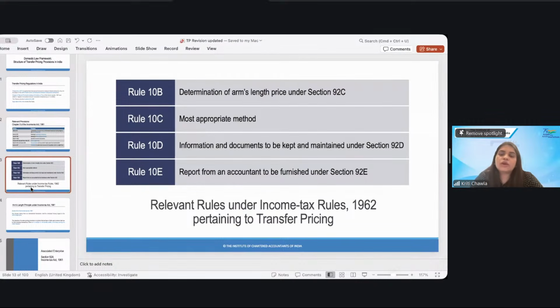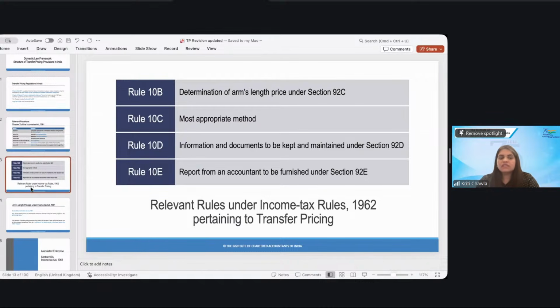Rule 10C talks about the most appropriate method, the transfer pricing method. Rule 10D is information and documents to be kept and maintained under Section 92D. And Rule 10E talks about report from an accountant to be furnished under Section 92E. So these are the rules that we will also be discussing today.